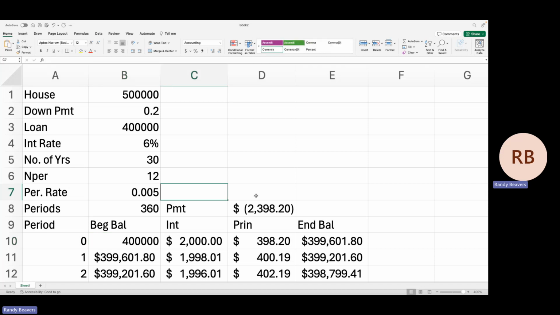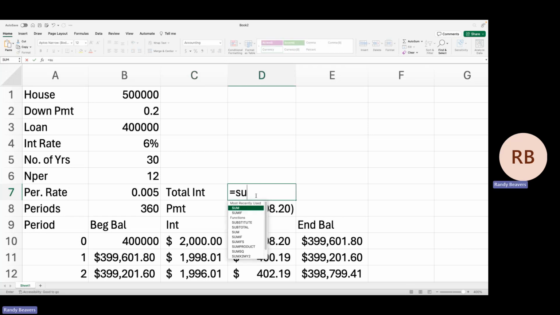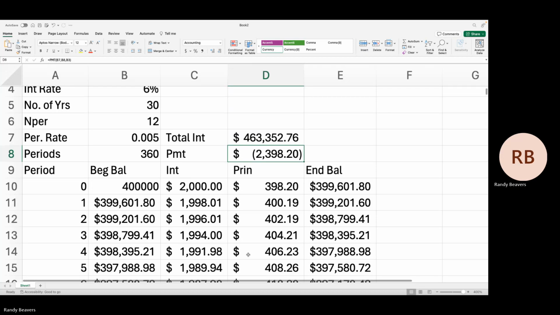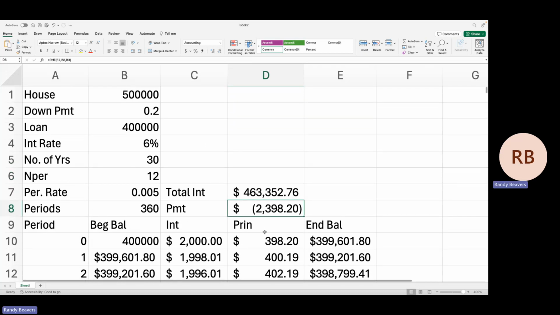Let's suppose, for example, we want to compare the 30-year, as we see here, with a 15-year. So the total interest we pay is more than what we took the loan out for. So we'll copy this just to compare.